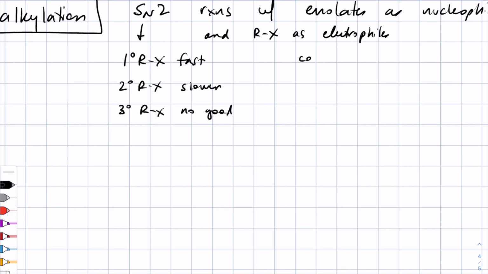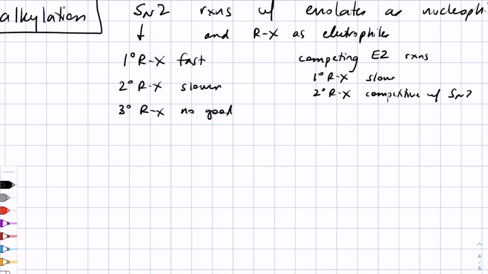Also remember, especially when your nucleophile is a base or could be a base, you have the potential for competing E2 reactions, which are slow for primary alkyl halides, and so SN2 wins. But for secondary alkyl halides, they're competitive with SN2.